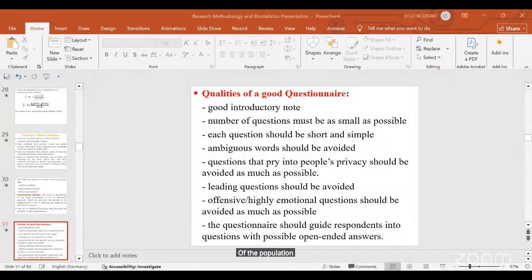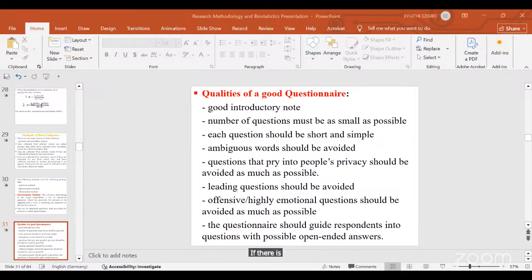Are you getting me? What that means is that if it is a table, for instance, they are not saying that you should not borrow their idea and cite them. What they are saying is, if they have a table, don't copy the table and use.